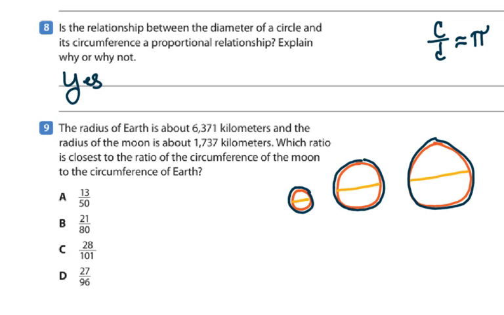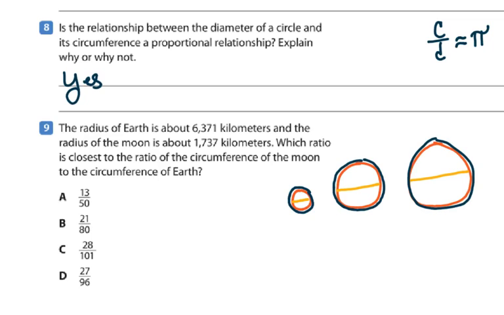So the answer is yes. And what they've written here in the teacher's edition to explain that, let me look. It says, this is number 8. Possible explanations. For any circle, the ratio C over D is pi. So the relationship is proportional. The constant of proportionality is pi.